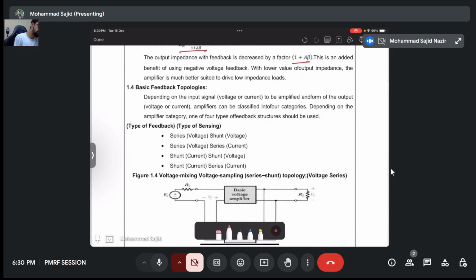Okay, so we have these four types of topologies. Always remember that the first term refers to the sampling, and the second term refers to the mixing.